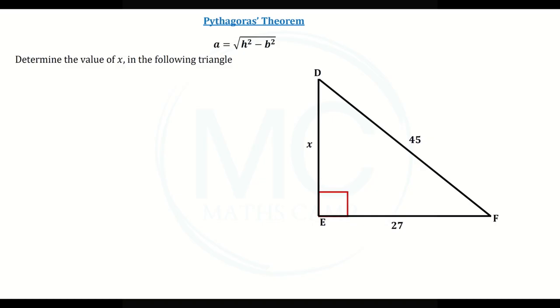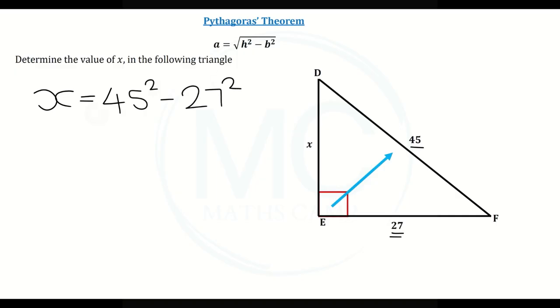Here we can see that angle E is our 90-degree angle, which means that DF is our hypotenuse that is 45 units long. We also have another known value of 27 units. So to find the value of x, we say x is equal to the length of the hypotenuse, 45 units, squared, minus the length of a known side, 27, squared, all under a square root.